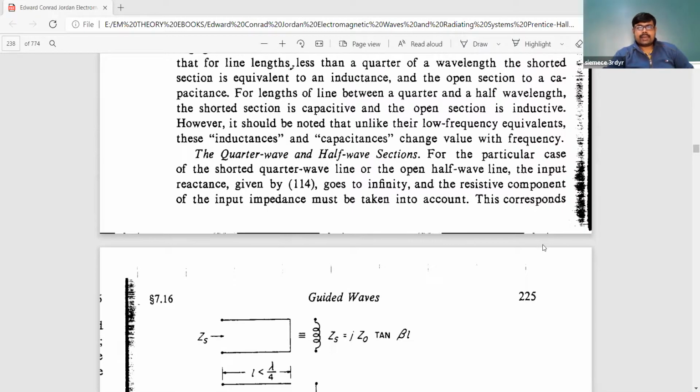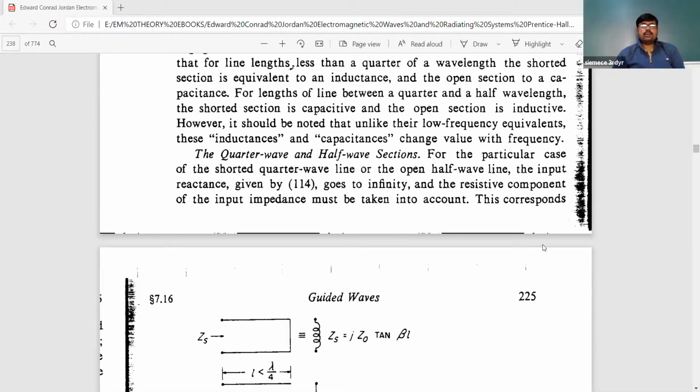One is the shorted lambda by 4 section for the quarter wave transmission line, as well as the lambda by 2 section for the open half wave line. The input reactance, because ultimately in this case it is not the pure resistive component that will be there.